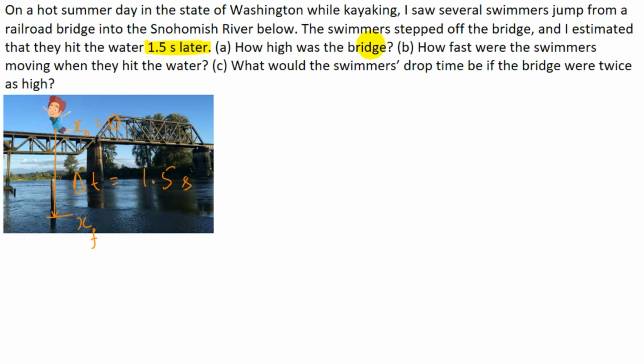In the first part we have to find how high the bridge was. Basically we have to find this final position xf. For that we can use the equation we studied earlier: x equals x0 plus v0 t plus half a t squared. Because we know the time, that is why we have used this equation.